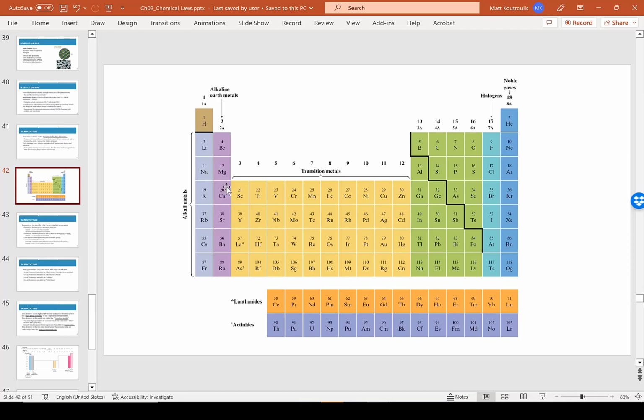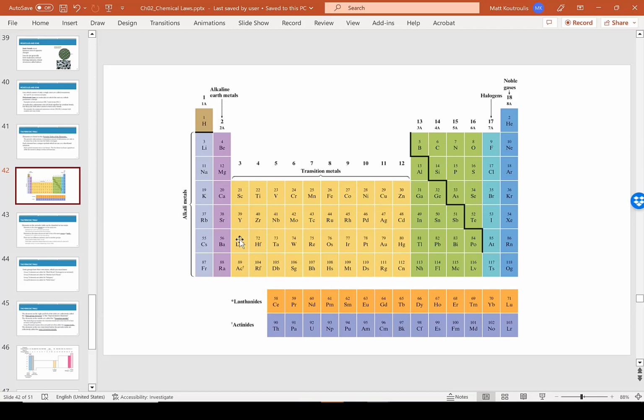Electron configurations that end in S or P. Those are the main group elements. These guys, as it says here on the table, are called your transition metals. Transition because they are the transition in going from the S to the P side. They're there. And these guys technically belong here.